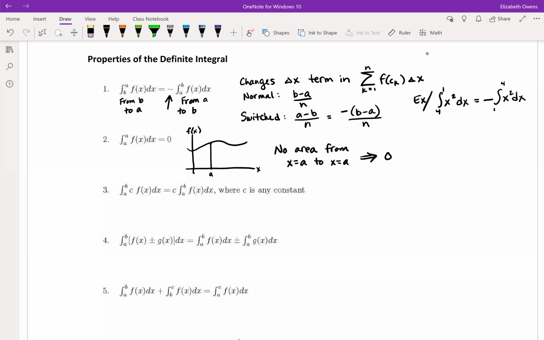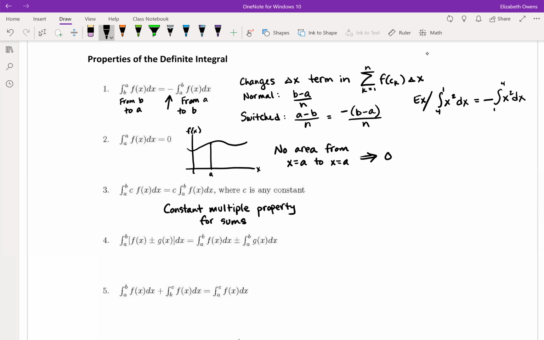The reasoning for this is the constant multiple property for sums, which was in the algebra of sums, I think is what we called it, in section 5.1.